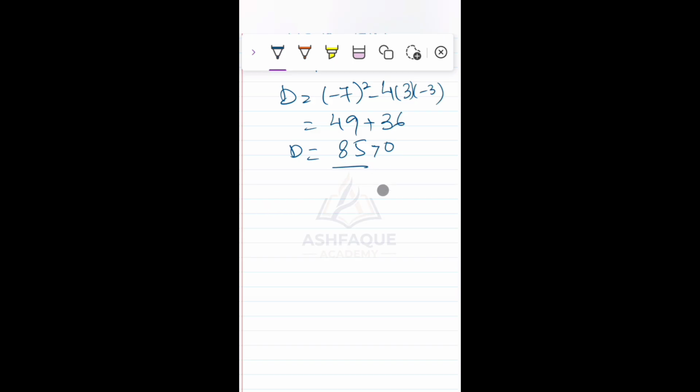But 85 is not a perfect square. So what we will do, we will use the quadratic formula, that is minus b plus minus under root b square minus 4ac upon 2a.